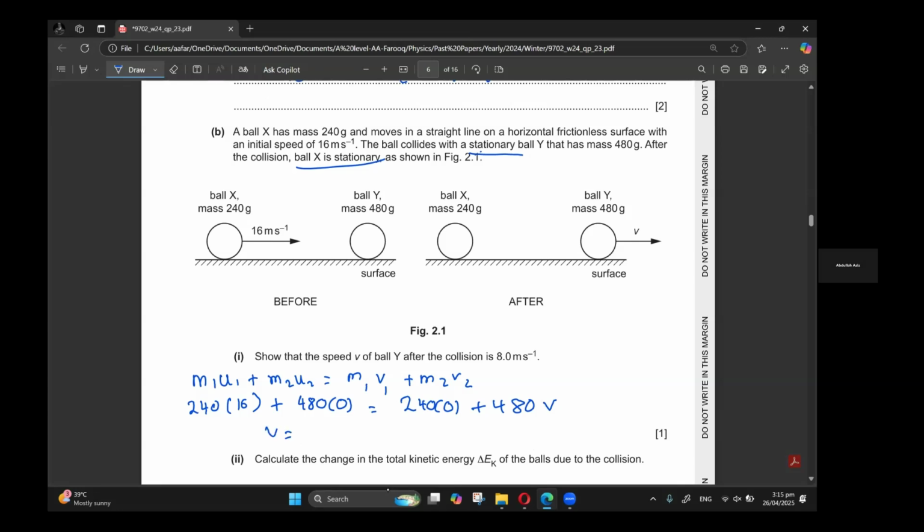So v is equal to 240 into 16 divided by 480. That gives v equal to 8, the final velocity of Y.